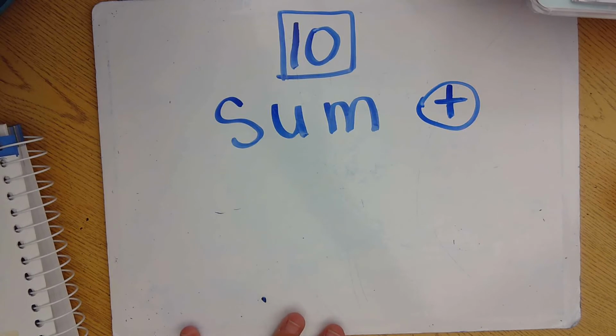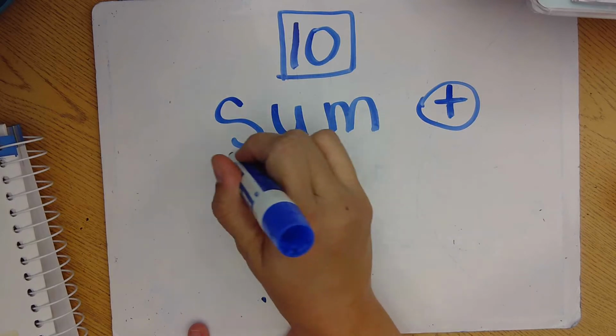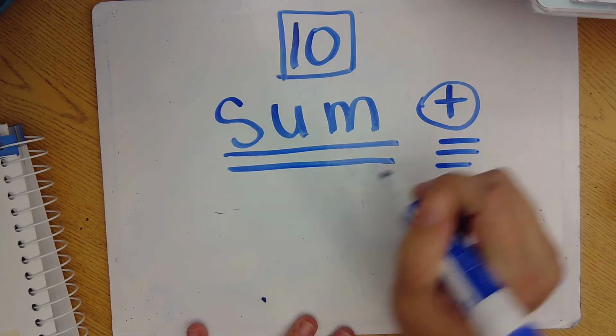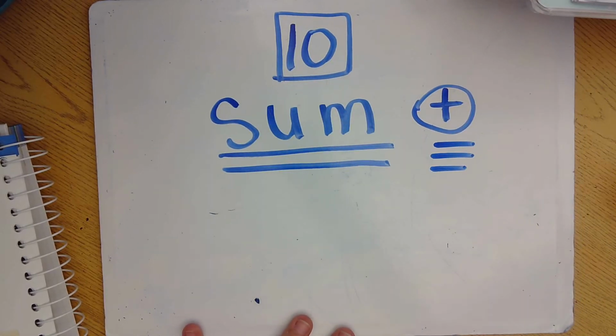So if you have a question that says, what is the sum of 7 and 3? You will know that the word sum just means the answer to an adding problem. All right, so let's go ahead and look at the combinations of 10.